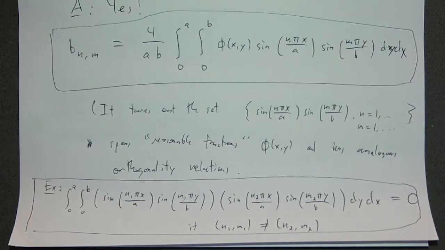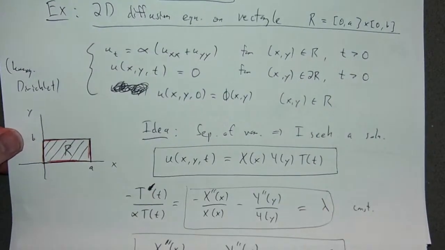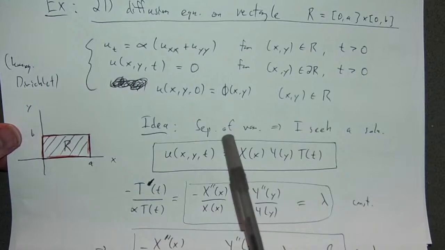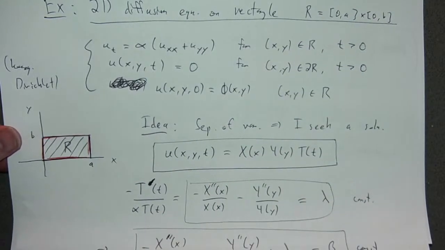Okay. And so our initial goal was to solve the 2D diffusion equation on a rectangle. We sought separation of variables in the sense that we sought a triple product now, separating all the variables.